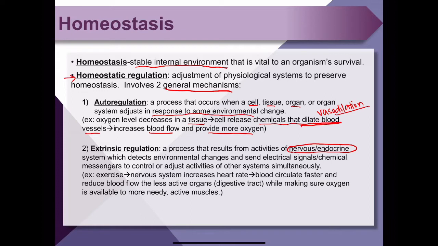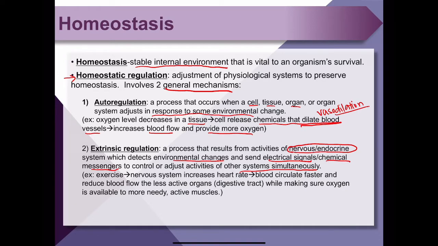These signals are what's going to detect environmental changes and send either electrical signals from your nervous system or chemical messengers like your endocrine system, in the form of hormones, to control or adjust activities of other systems simultaneously.